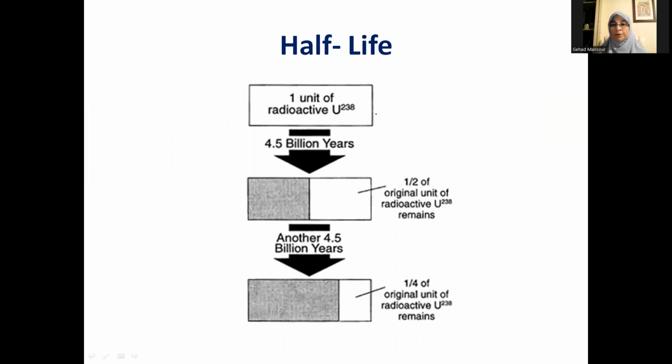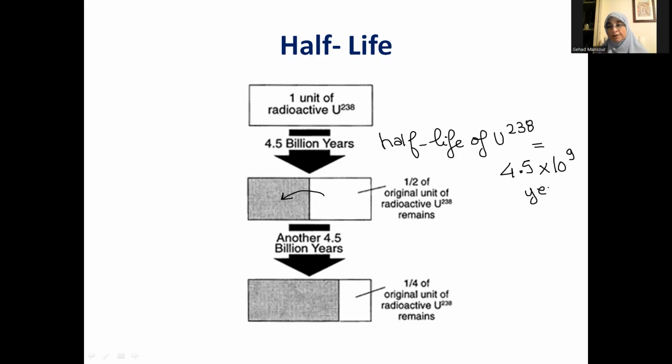So here, for example, when we say that 1 unit of radioactive uranium-238 takes about 4.5 billion years in order for half of the original unit of this radioactive uranium to be converted into another non-radioactive material, then we can say that the half-life of uranium-238 equals 4.5 billion years, or 4.5 times 10 to the power 9 years.